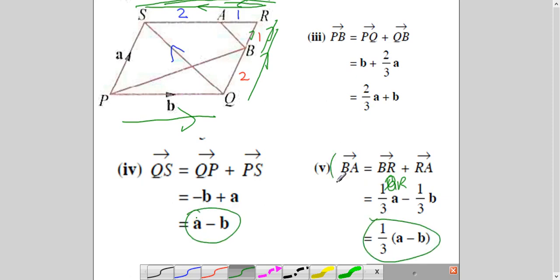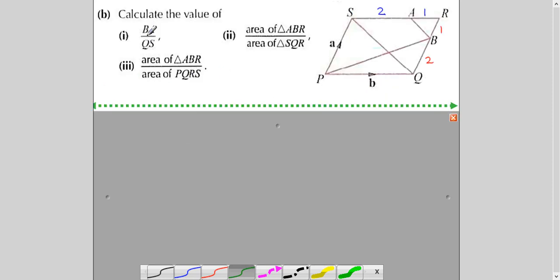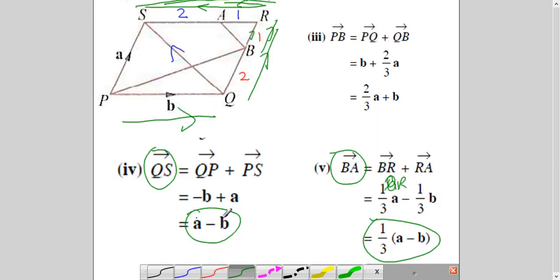So what relation are you getting about BA and QS, which is asked in this part? I will tell you one more way of doing it, but I'm talking about it like this right now. If you see the relation from here, you see that BA, which is this line, is basically 1/3 of this. So the ratio of this is 1 and this is 3.